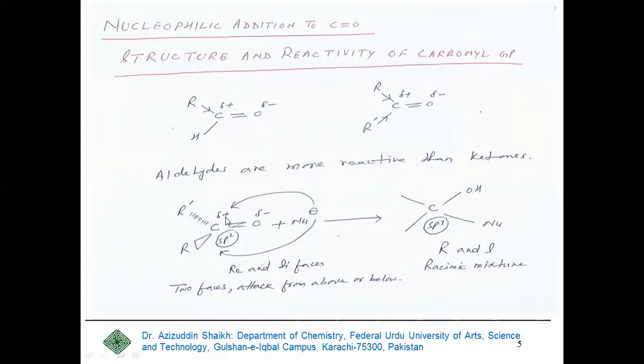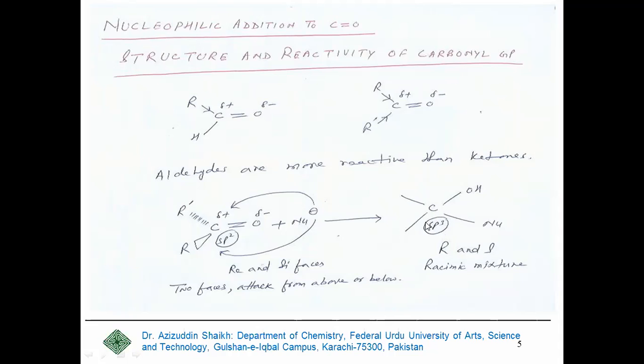This carbon is not a chiral carbon, but it is prochiral, because after reaction it will be chiral. This type of center is called a prochiral center. After nucleophilic addition, the nucleophile is added and the carbon is sp3 hybridized.